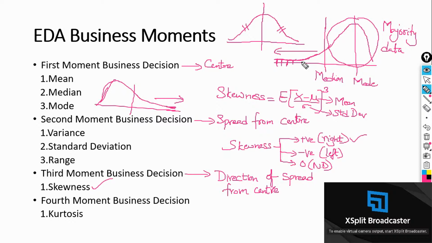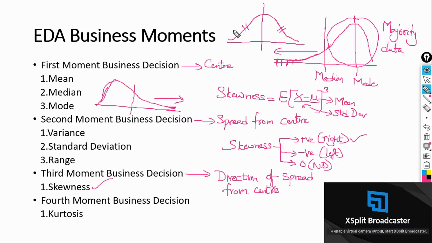Because of these outliers, you will find a long tail towards the left hand side. Whereas for normally distributed data, it resembles a bell shaped curve. There will not be any kind of tails. If you cut at the center, you will have two equal, identical parts.